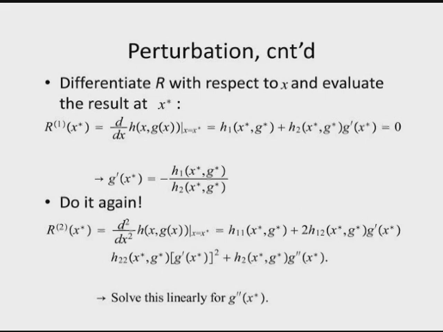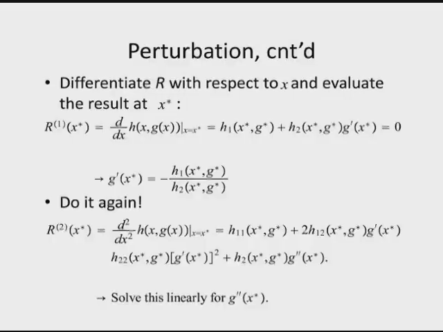So I differentiate r with respect to x and evaluate it at x star. So what is that r function? It's this thing here. The x appears in two places. Here's the first place, and there's the second place, and boom, there's only one unknown here. Because I'm presumed to know g star, g prime is equal to the negative of this thing.